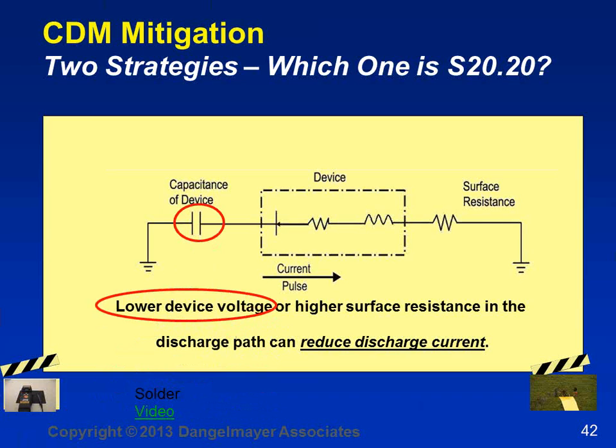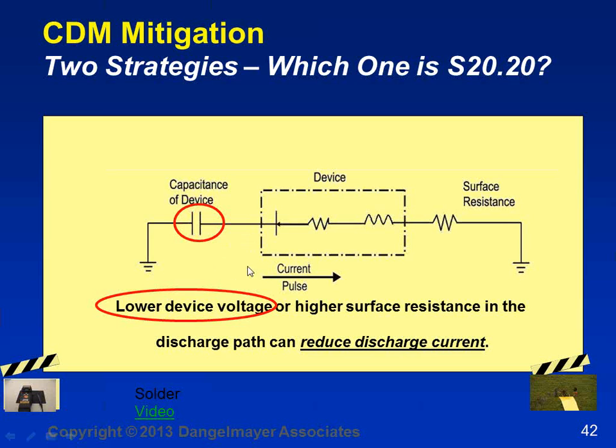Unfortunately, if you're dealing with, let's say, a Class 000 device that has a 1 volt ESD threshold, what are the probabilities that you're going to be able to keep that device voltage consistently below 1 volt, or 10 volts, or even 100 volts? It's not likely.